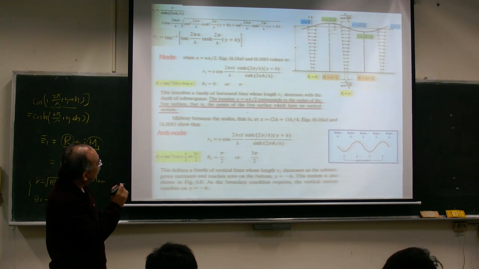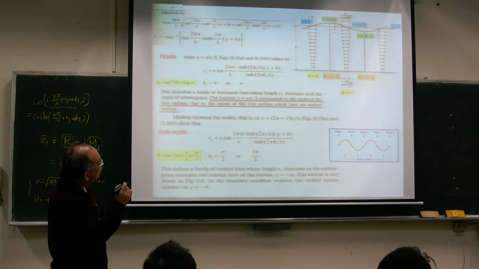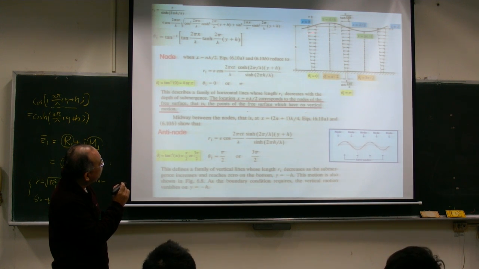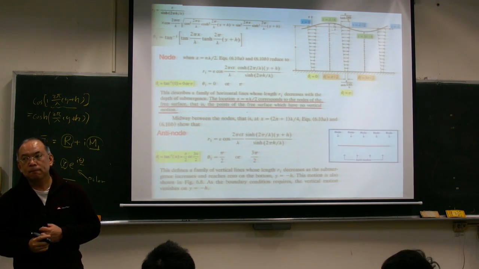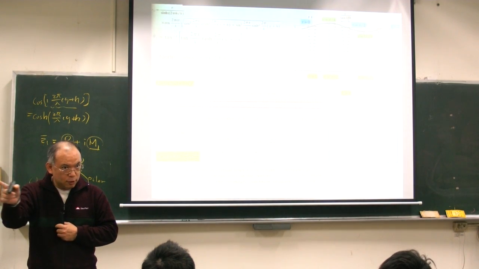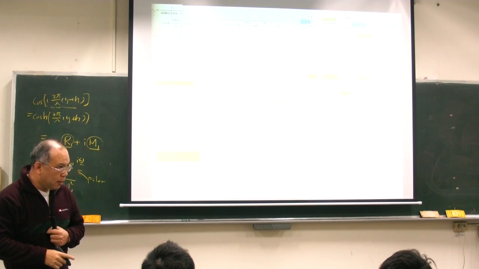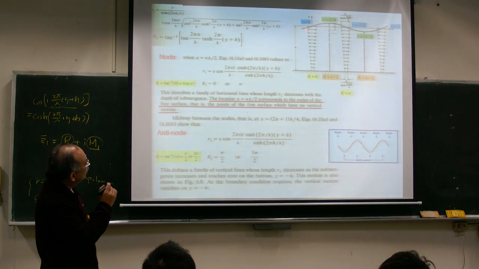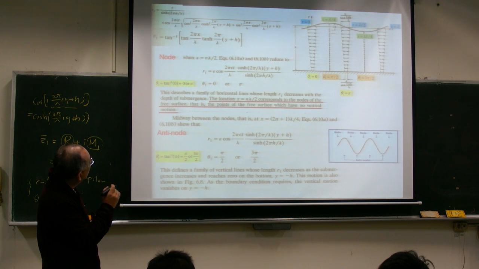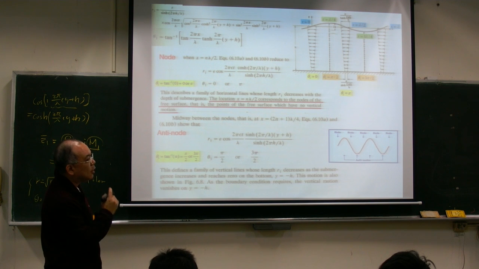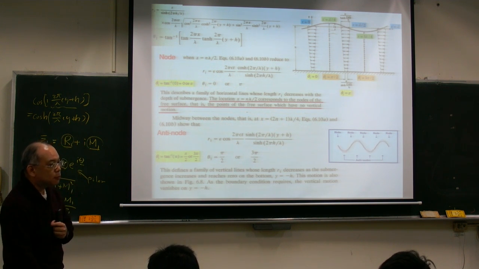All the fluid particles at these locations move just back and forth horizontally, since our theta 1 is a constant, either equal to 0 or pi.